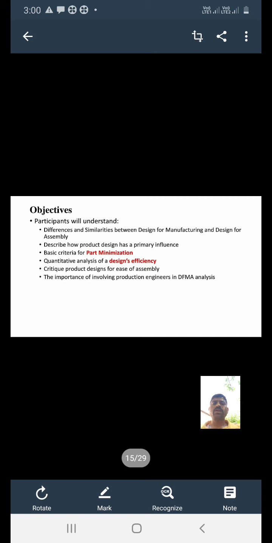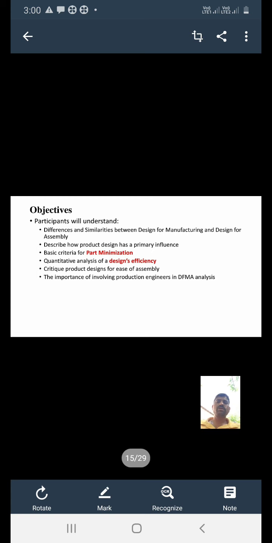Then participants will understand the quantitative analysis of design efficiency. Then product design for easy assembly. And last is the importance of involving a production engineer in DFMA analysis.